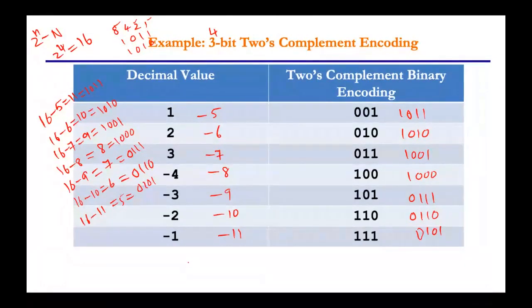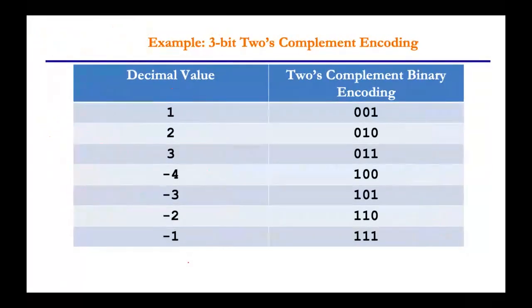So this is the example of 3-bit decimal into 2's complement binary encoding, and 4-bit decimal into 2's complement binary encoding.